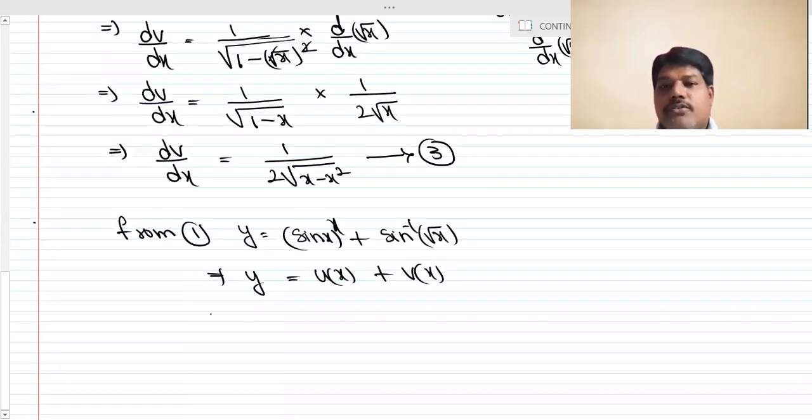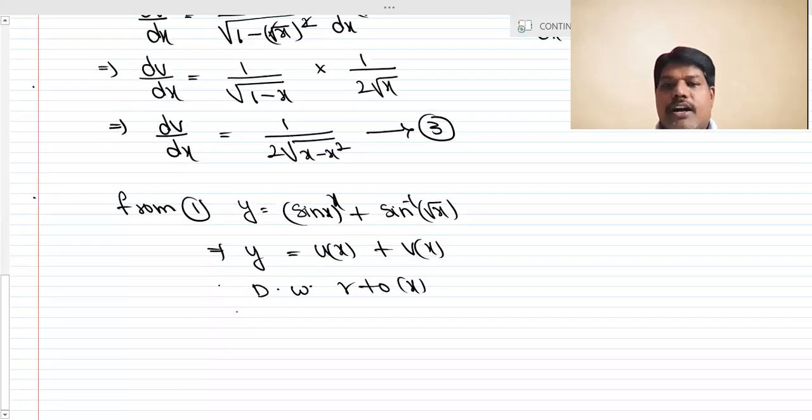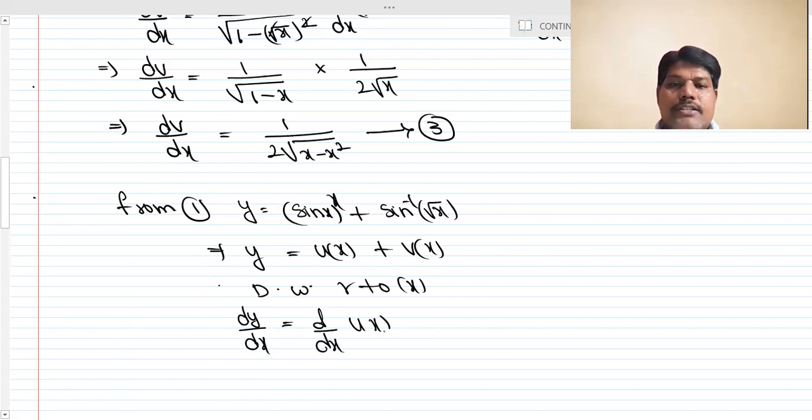So differentiate with respect to x. So dy by dx is equal to the derivative of u of x plus the derivative of v of x.